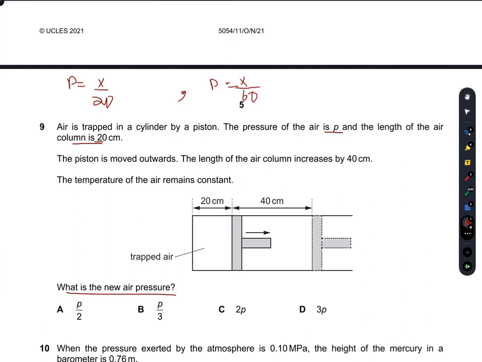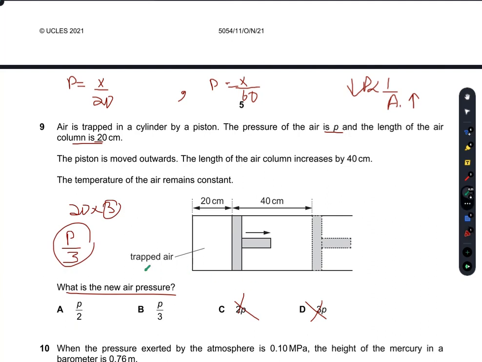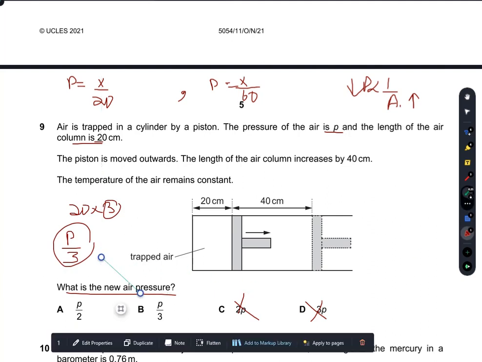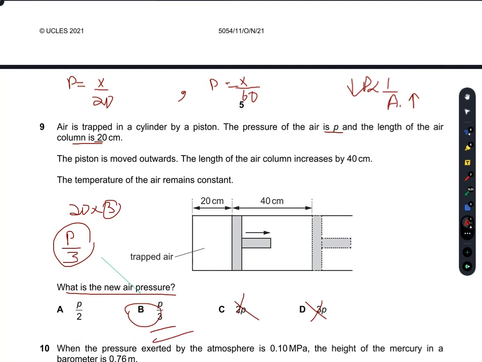We know that pressure is inversely proportional to area. Now the area is being increased, so the pressure would decrease. So D and C would be incorrect. And 20 is one third of 60, so the pressure would decrease by 3 times. B is the right option.